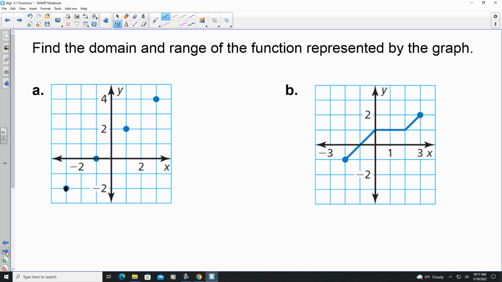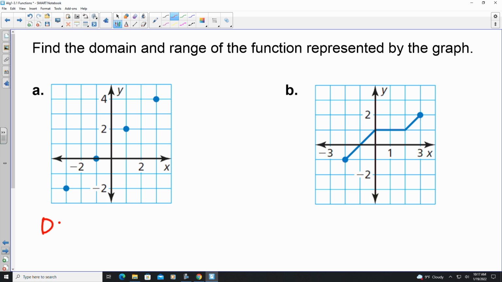I have points here, here, here, and here. Since there's no line that connects them at this point, we have to name those points individually with respect to their domain and range.